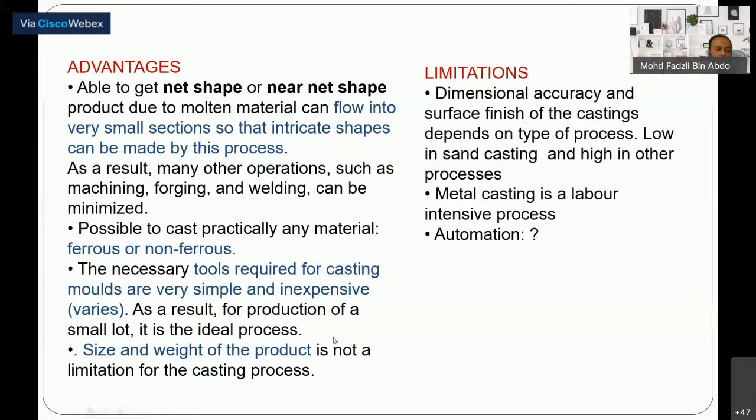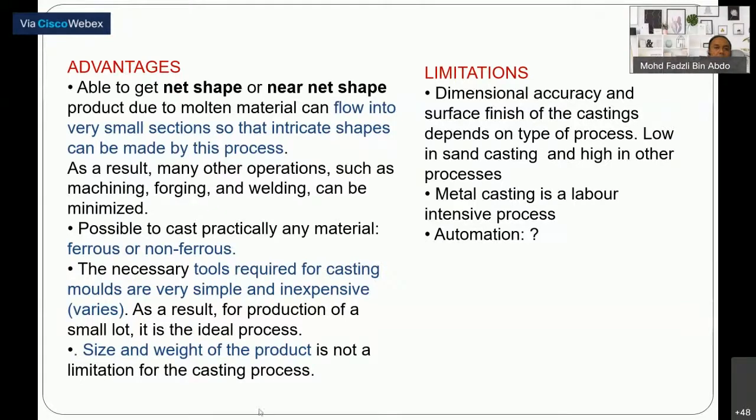And then as a result, for production of a small lot, it is an ideal process. And then last but not least, the advantage is size and weight of the product is not a limitation for the casting process. Basically, the net shape process ni dalam syllabus ni adalah by casting, via the casting, ataupun penuangan.